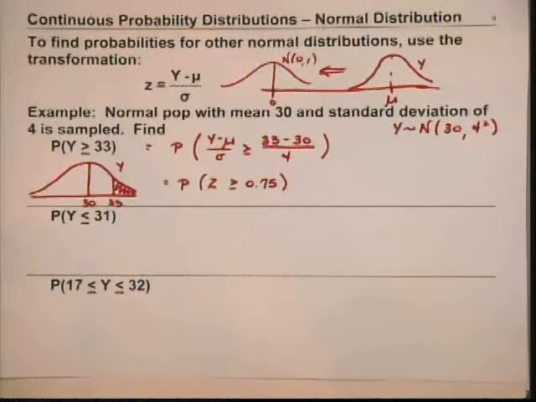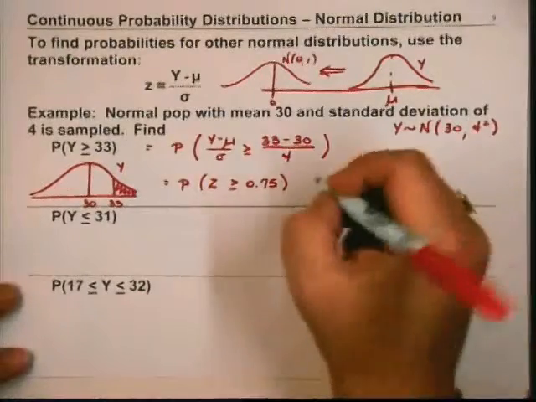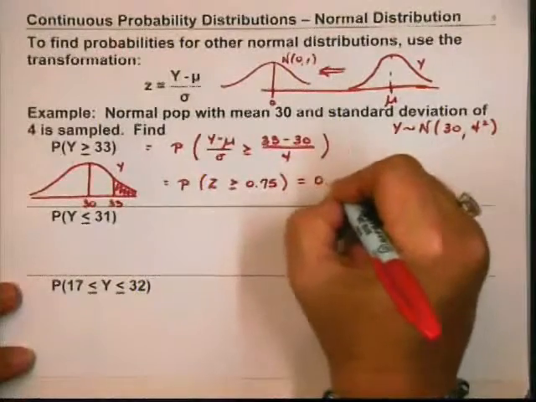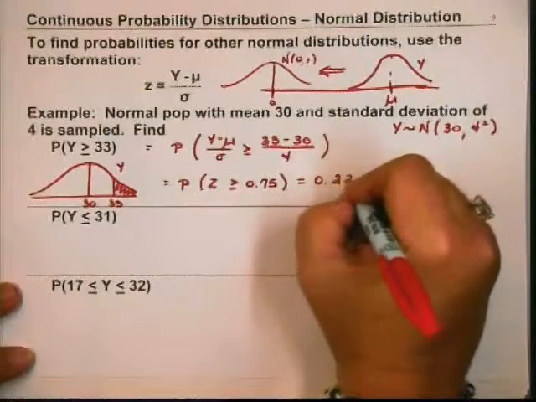So for z equals positive 0.75, what do you find? Right, 0.2266.